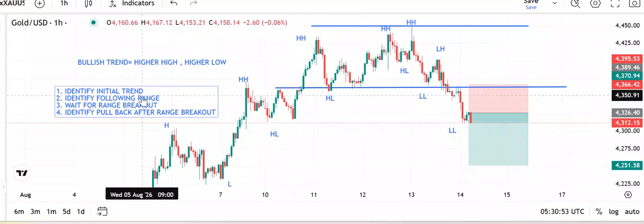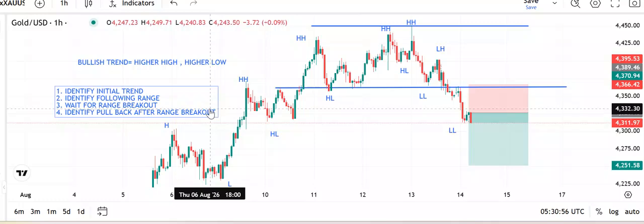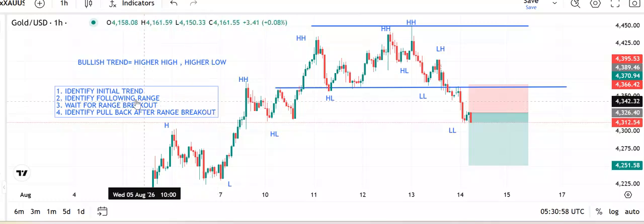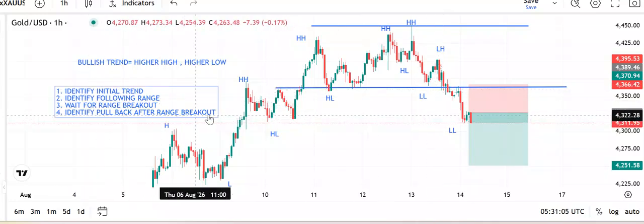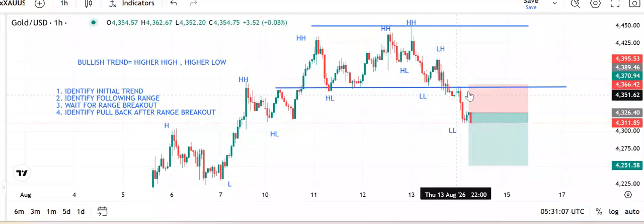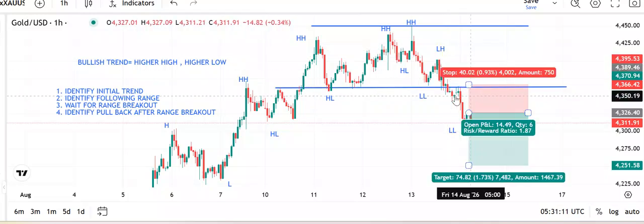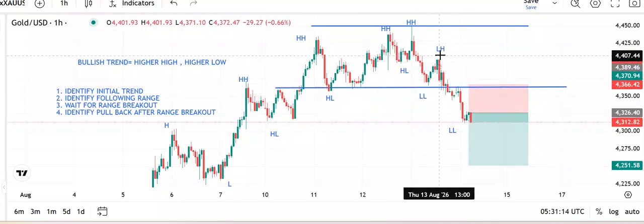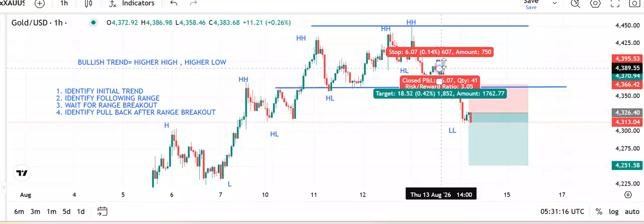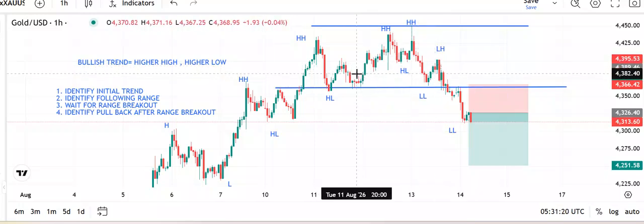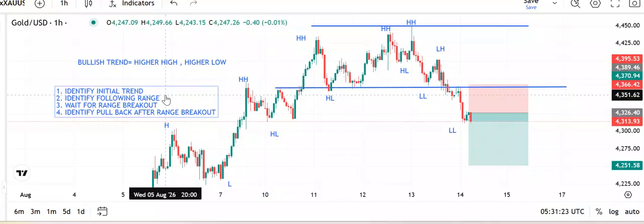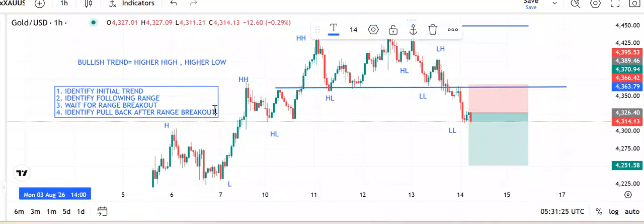And that's why you need to put a stop loss. So after you wait for range breakout, if that happens, identify pullback after range breakout. So after this range breakout must have happened, then look back. Was there a pullback before seeing this range breakout? Of course, this is the pullback. And that takes us to the next point. Allow break of structure.